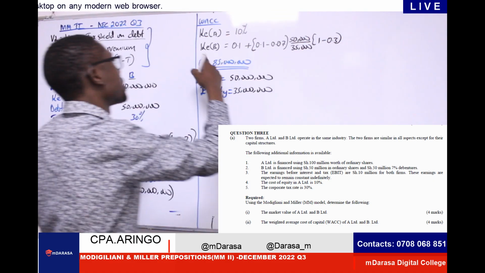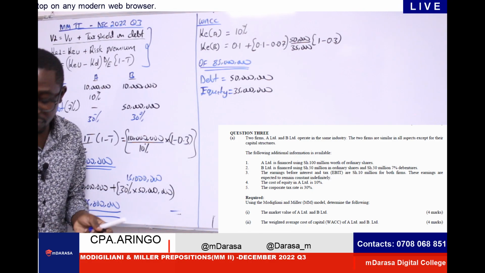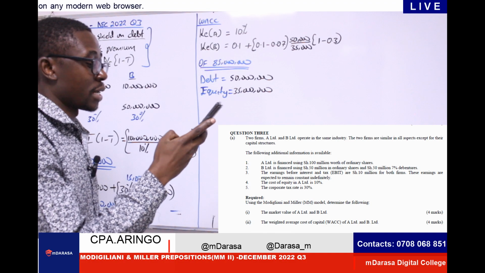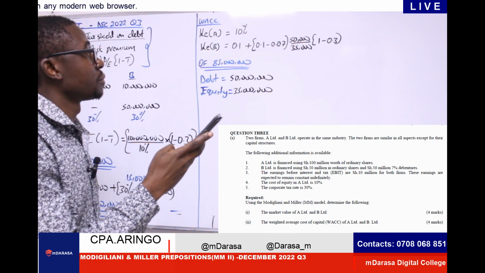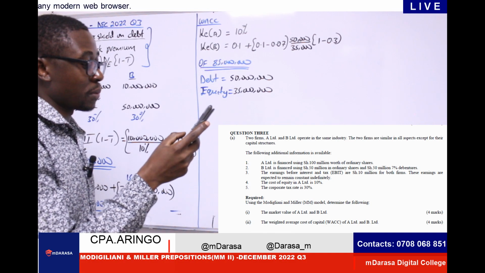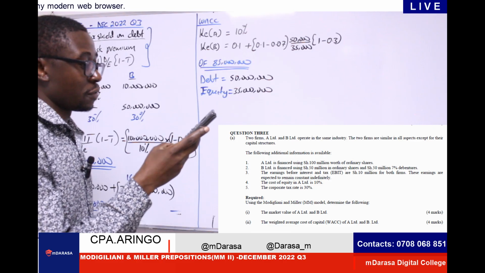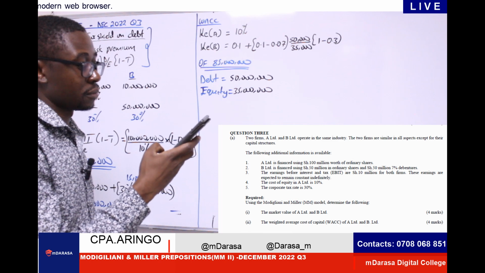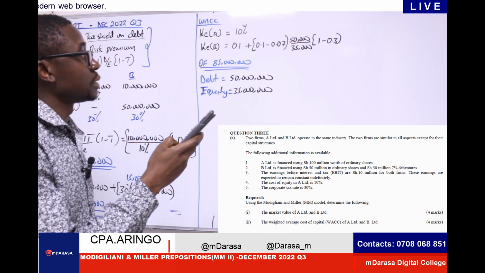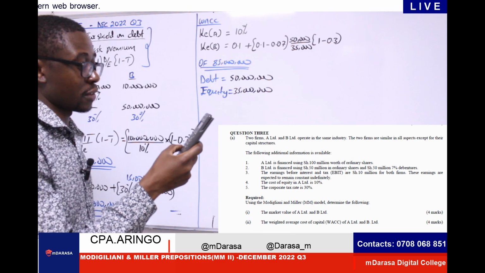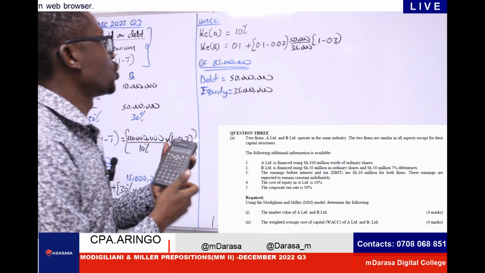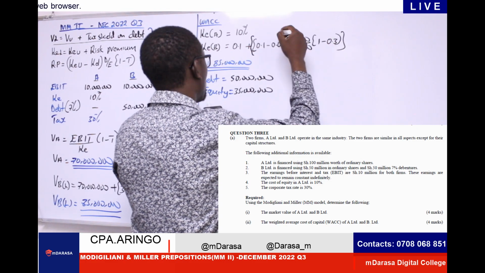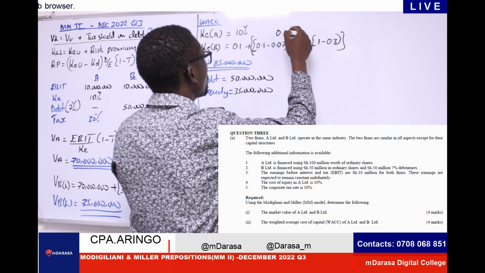So this should give us the cost of equity of the levered, where in this case I'll be having 0.1 less 0.07. We multiply this one by 50 over 35, times 0.7. So the whole of this bit we are having gives 0.03.